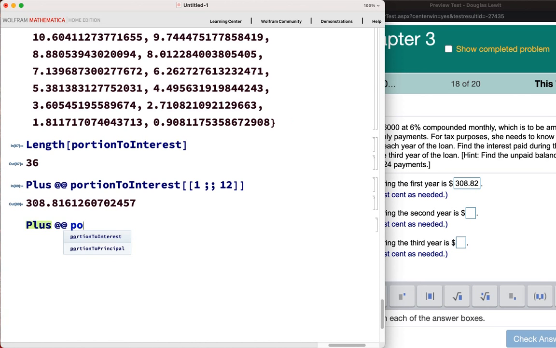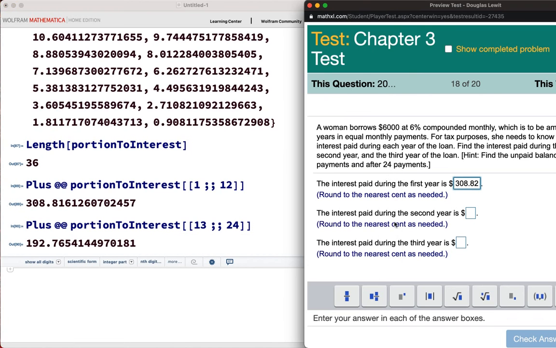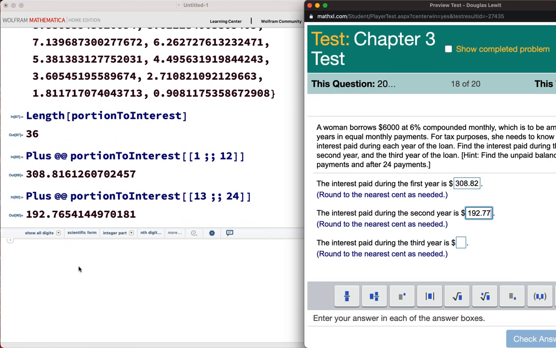For the second year, that's going to be from the 13th month to the 24th month. All right, that's going to be $192.77.